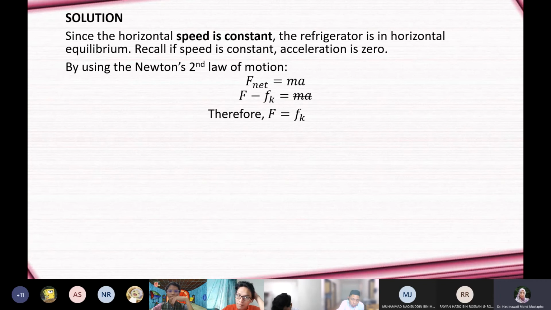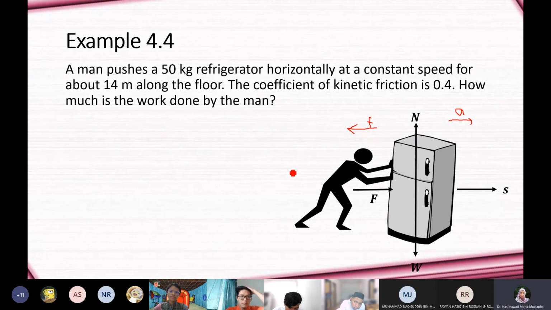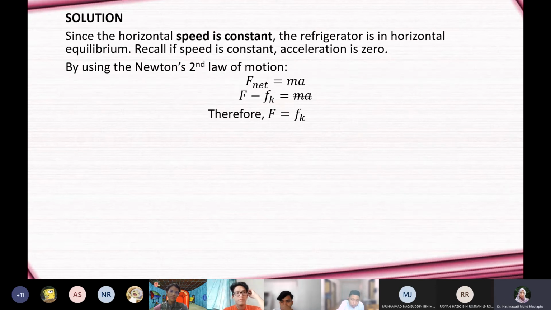So sum of Fx is equal to ma. Because the acceleration is 0, since the speed is constant, you replace a with zero, so it becomes zero. So what are the forces in the x axis? We have F, to the right because we push the refrigerator to the right, and the frictional force is to the left. So F minus the frictional force is equal to 0.